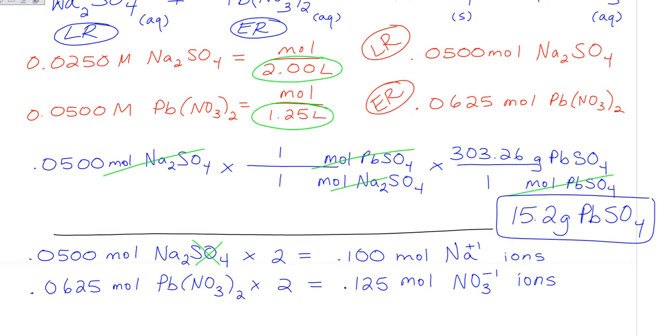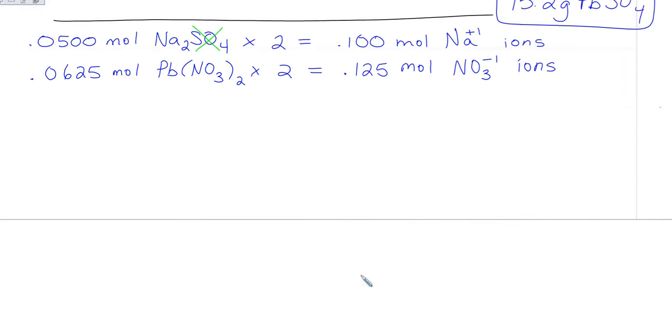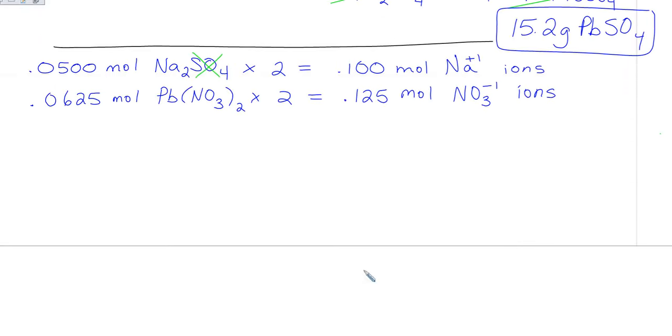So now all I got to do is a quick little calculation. And we need a little more room. Okay, this will work. And we're going to switch these into concentrations. So the sodium ion is 0.1 moles. And once I join the solutions, the final volume is 3.25 liters. Oh, well, that's not too bad, right?